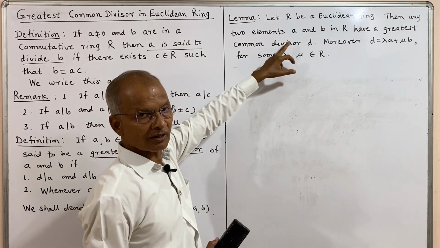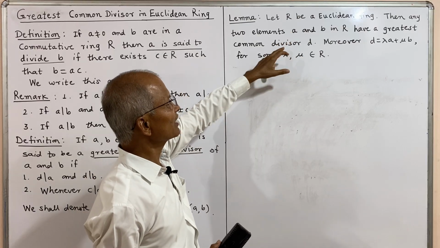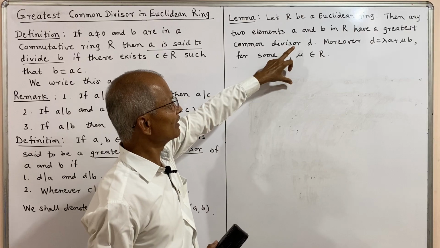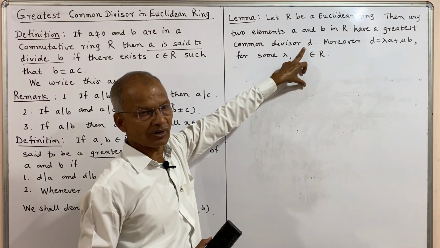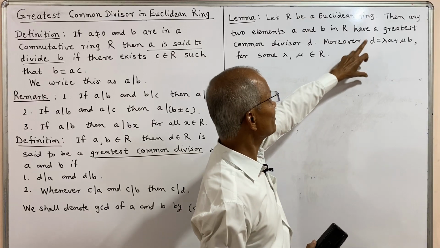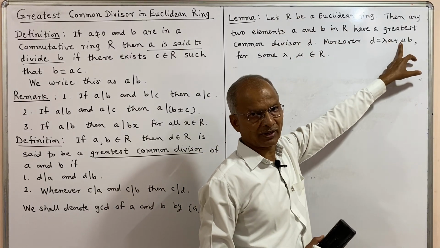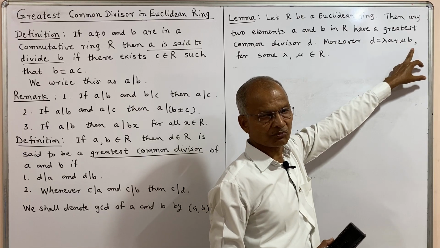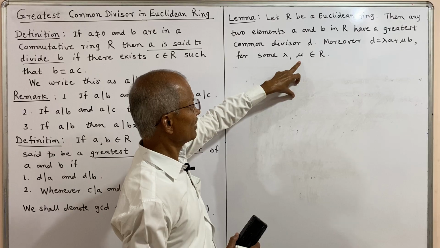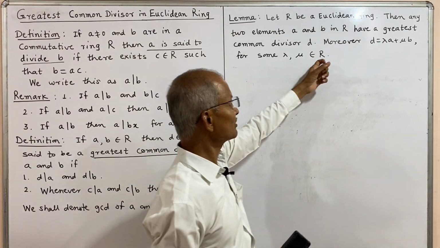So therefore a common divisor exists always, and we denote the greatest common divisor by D. And further this greatest common divisor of A and B is expressed as a combination of A and B: lambda A plus mu B for some lambda, mu belonging to R. Lambda and mu are elements of R.